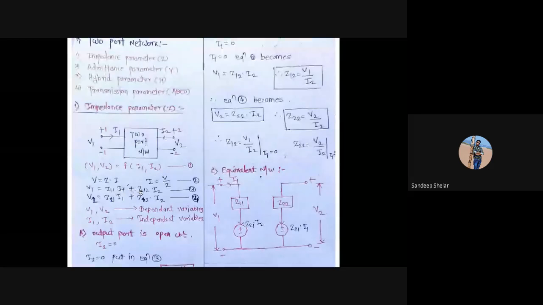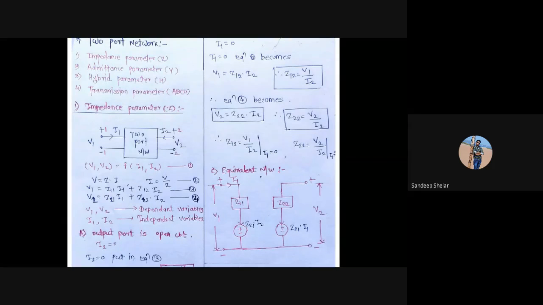Then the output-side voltage is V2 equals Z21 I1 plus Z22 I2, which is equation number 4. In this impedance parameter, voltages V1 and V2 are the dependent variables and currents I1 and I2 are the independent variables.